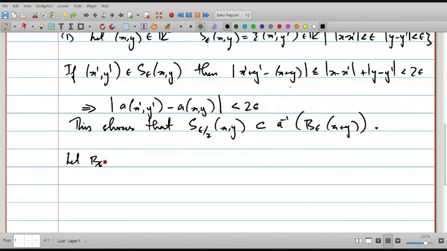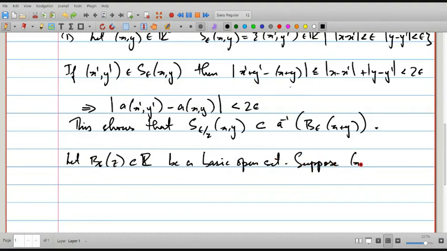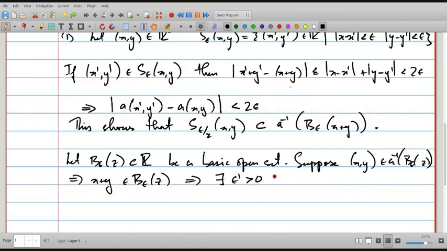Let B epsilon z contained in R be a basic open set. Suppose (x, y) belongs to A inverse of B epsilon z. So this implies that x plus y belongs to B epsilon z. This implies there exists epsilon prime which is positive such that B epsilon prime of x plus y is contained in B epsilon z.